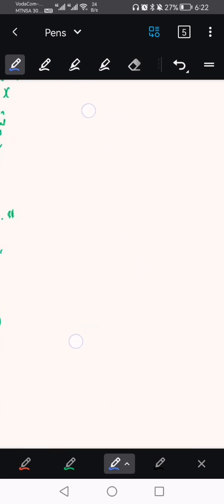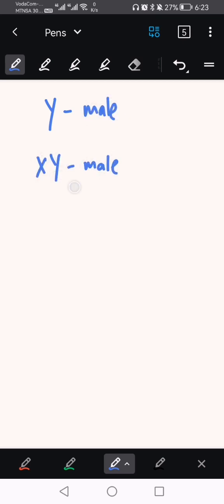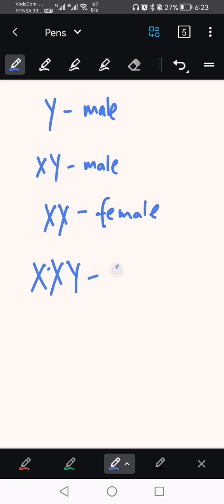So, in summary, on a karyotype, if there's a Y, that will always be a male. XY is a male and XX is a female. Even if you have XXY, that is still a male but will have a lot of female characteristics.